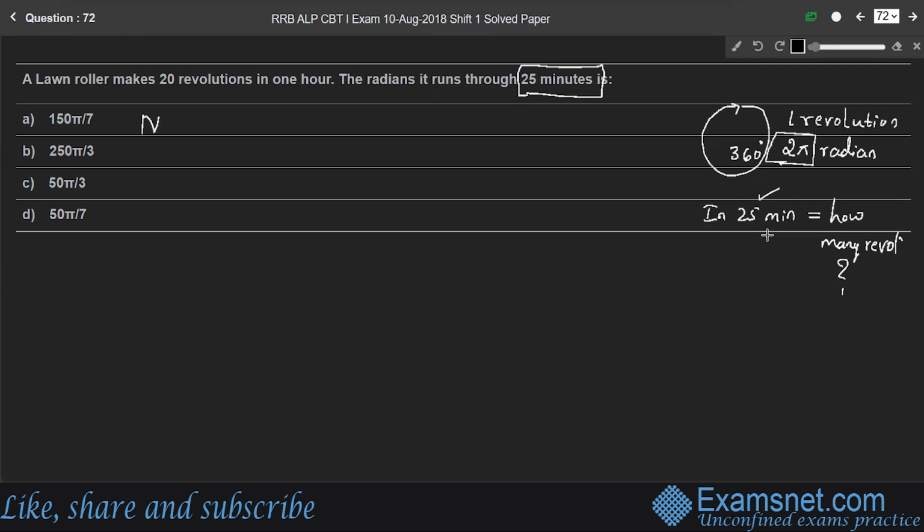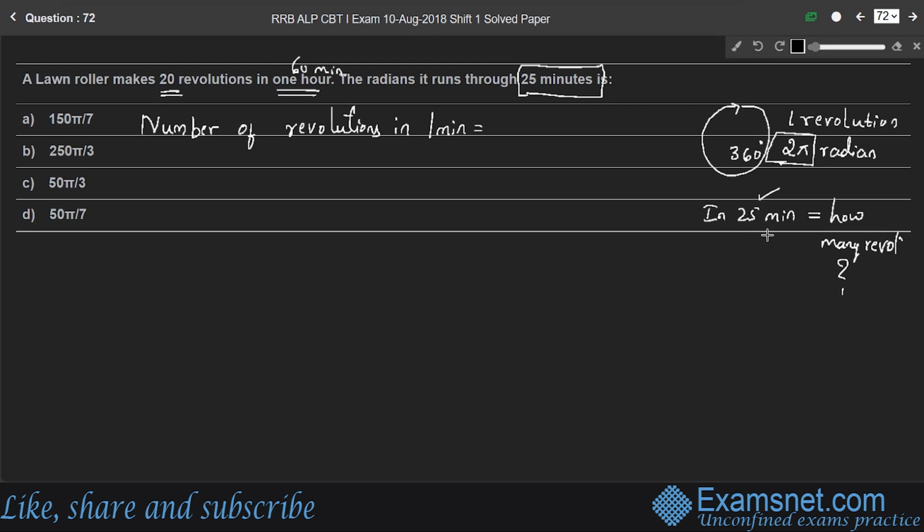Number of revolutions in 1 minute. In 1 hour, the lawn roller can make 20 revolutions. 1 hour means 60 minutes.